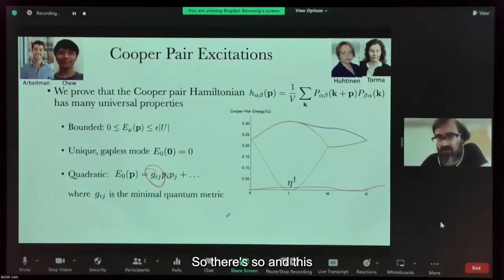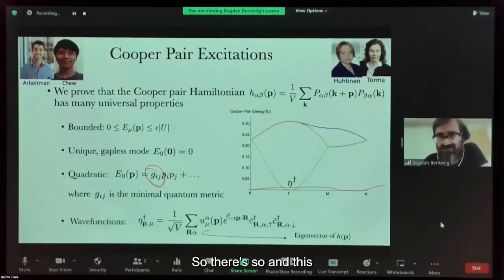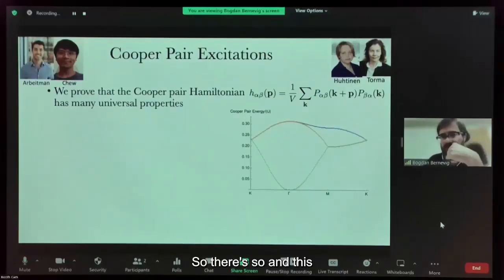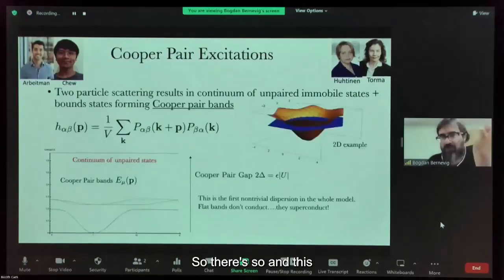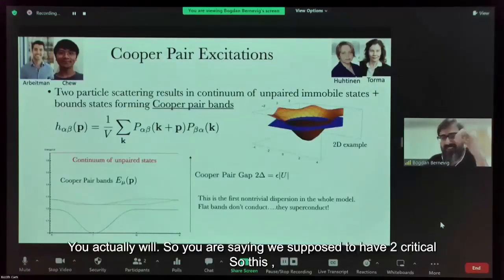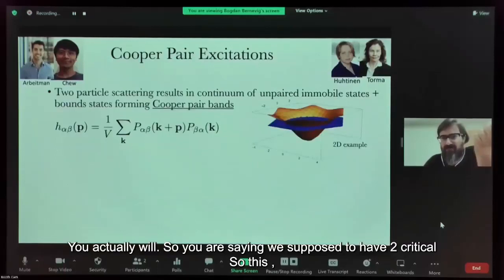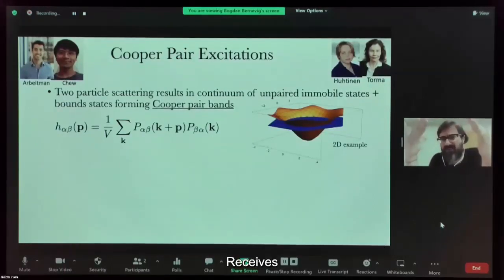Does that answer your question? Okay. Yeah, actually, so you're saying we're supposed to have two critical temperatures? Because you said there are two important temperatures. So I would see two transitions? Yeah, I'm saying that the pseudo gap temperature, the pseudo gap phase, is kind of a crossover. You start seeing it as you lower the temperature. This would get broadened by temperature, right?